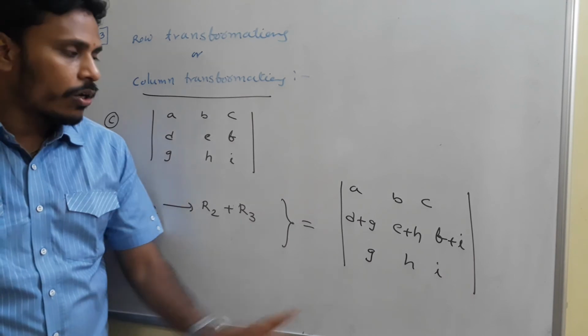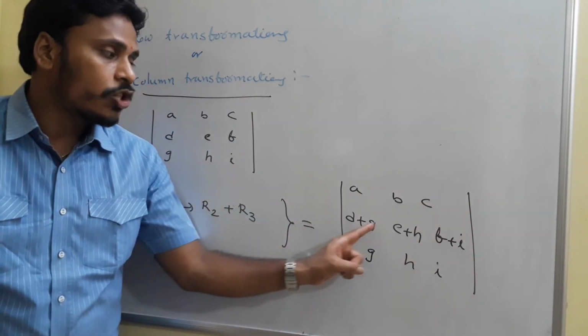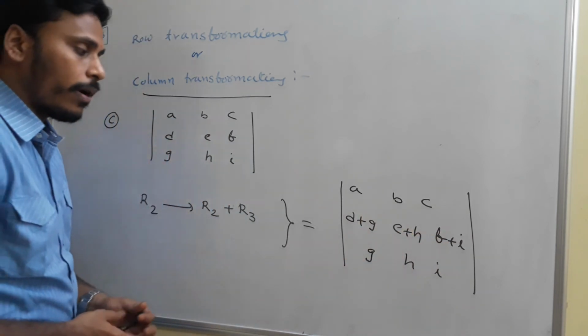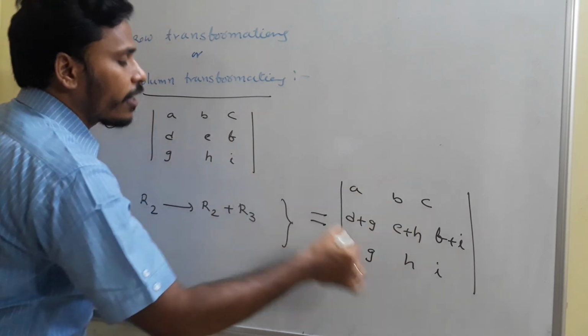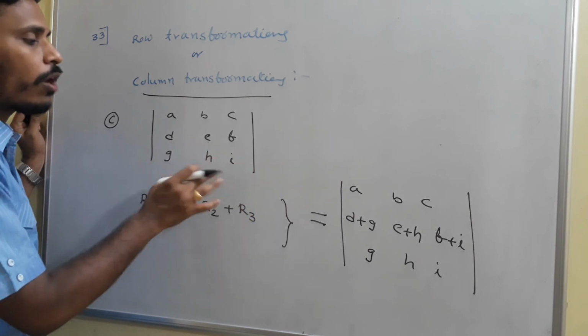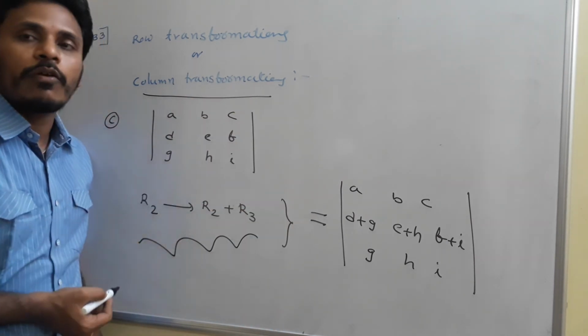If you have any doubt, just split this determinant into two other determinants based on the sum of the values. In that case you will get the same determinant, and that's why this determinant is directly equal to this determinant. So these types of transformations won't have any effect on the determinant value, and that's why we easily use these types of transformations.